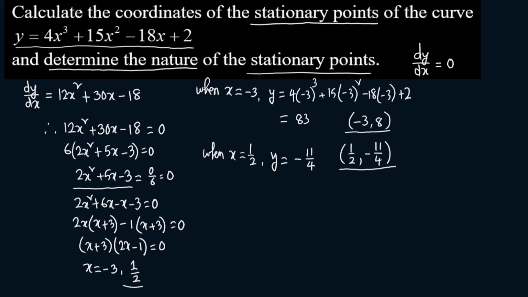For doing that, we have to differentiate the expression dy by dx again. So if we differentiate again, we write d squared y by dx squared.